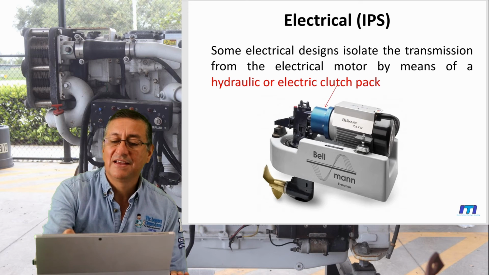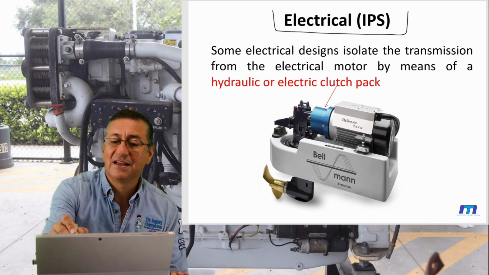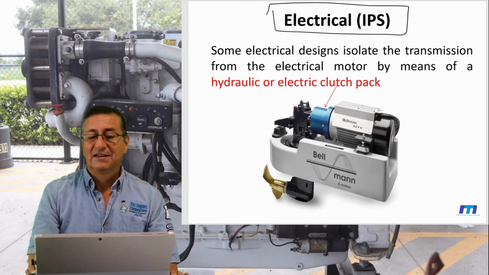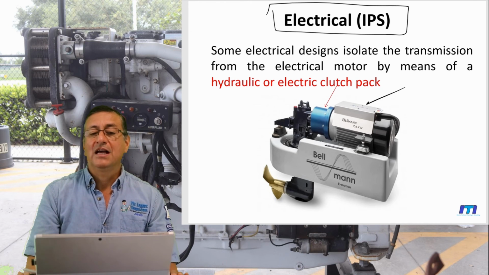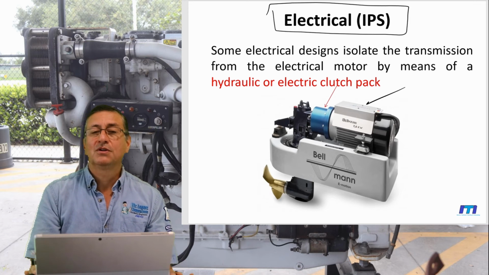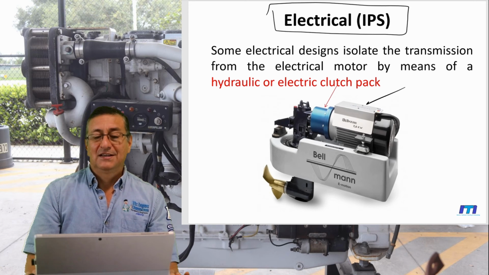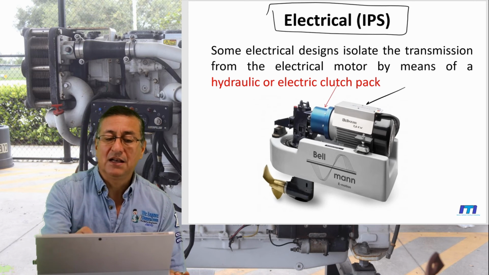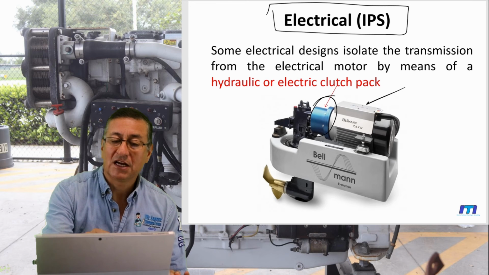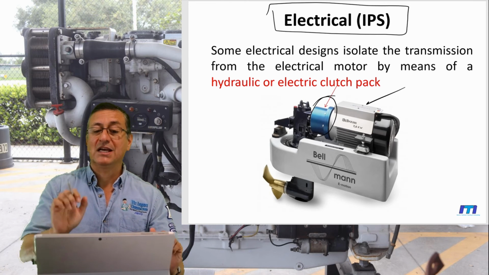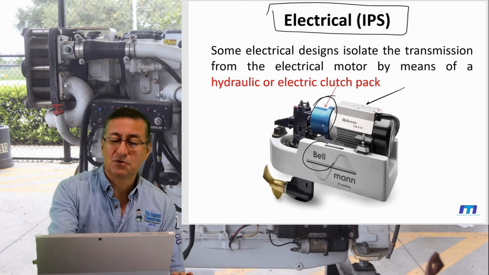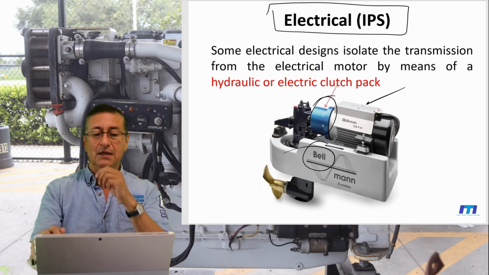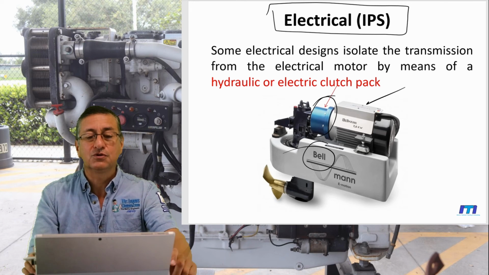You can replace the diesel engine in the IPS for an electric motor, and you can convert your boat into a hybrid IPS. And look, this is the clutch in order to engage or disengage the electric motor. We are going to talk later about that. This is another wonderful design. This is the manufacturer. You can check online and verify the advantages of those systems.